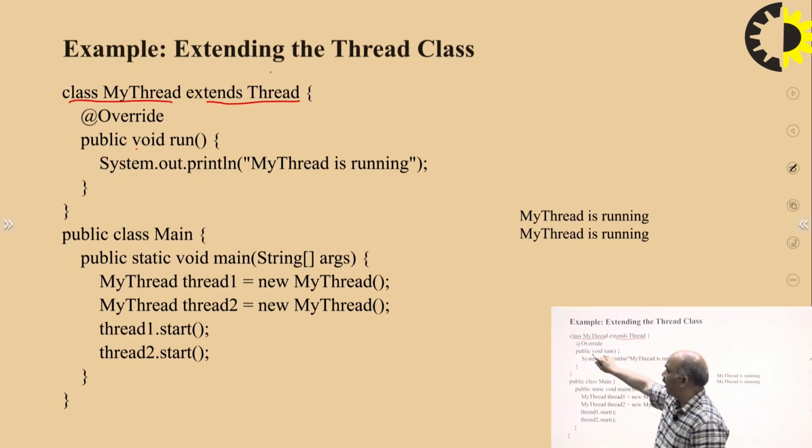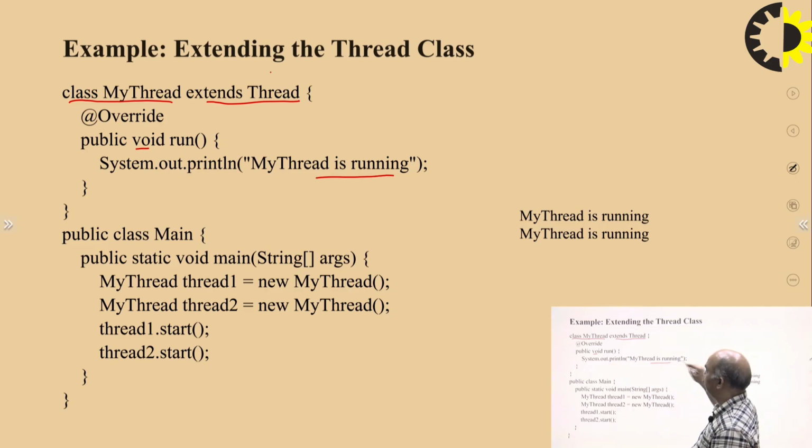So we provide the run method, printing that MyThread is running. Now we have the public class with public static void main(String[] args). We are creating two objects here, thread 1 and thread 2.